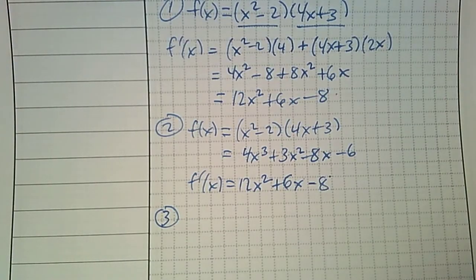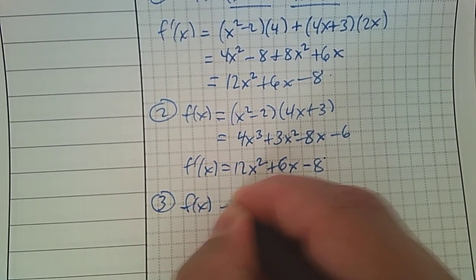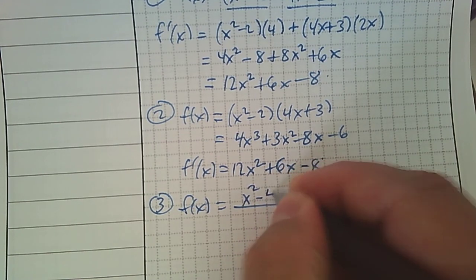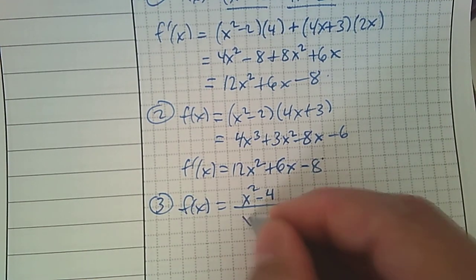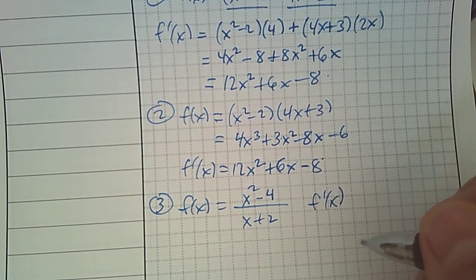Number 3, use the quotient rule. So we use the quotient rule when 2 expressions are dividing. So we have 2 expressions dividing, x squared minus 4 and x plus 2. So we're going to use the quotient rule.